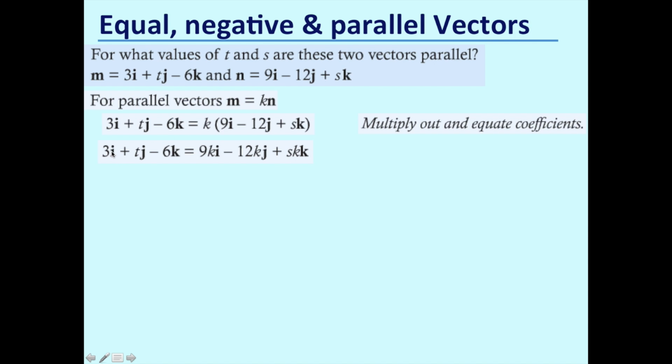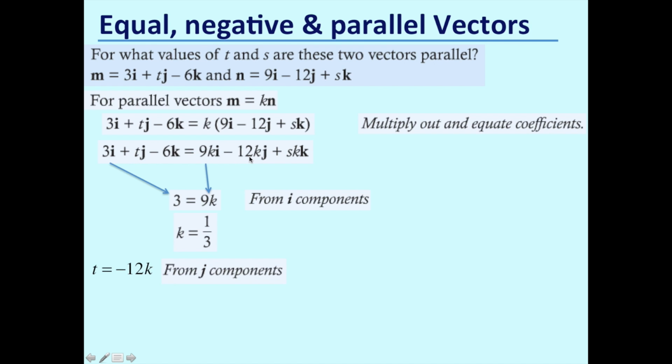So we can set here 3 equal to 9k, and that enables us to solve for k, so k must be a third. Now we've got two unknowns, so if we look at t, we can say t must be equal to negative 12k. Fortunately, we've solved for k, so we can see t equals negative 12 times a third, which equals negative 4. So t would have to be negative 4.